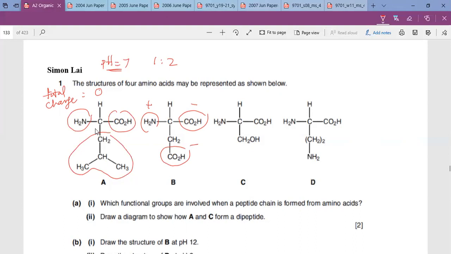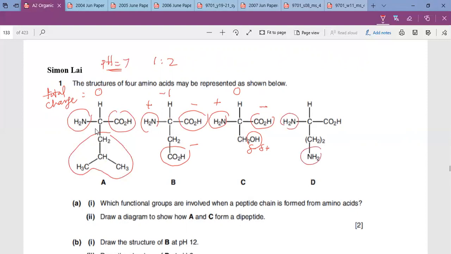The whole thing here will be charged -1. Now this is 1:1. It's polar in nature, delta negative, delta positive, but still there's 0 charge here. We won't go into the zwitterion here. This is just to give you the idea.